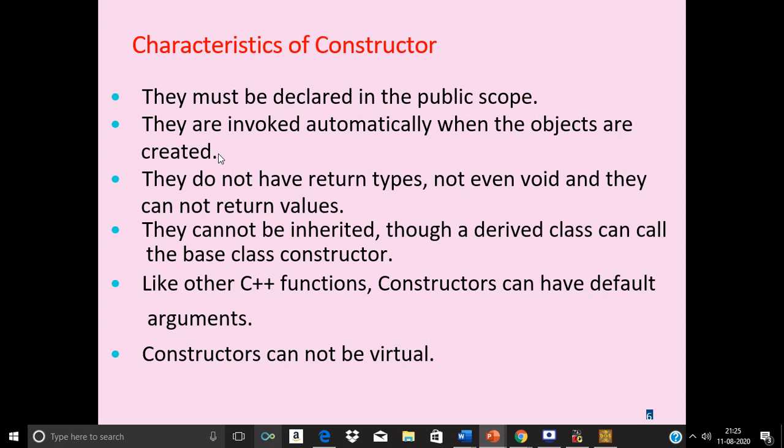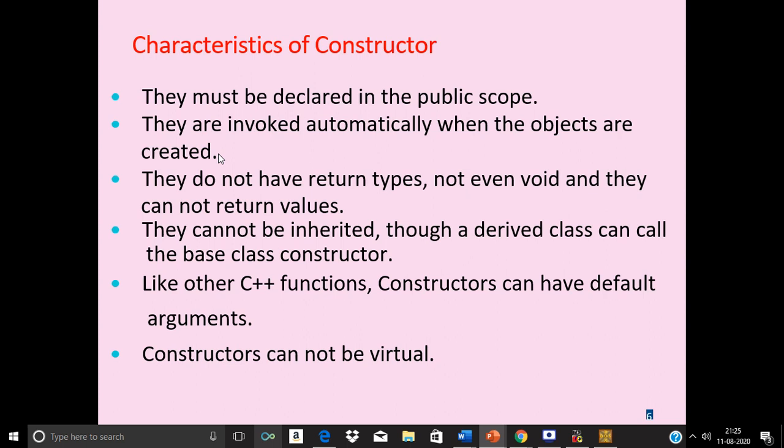So in inheritance, though a derived class can call the base class constructor, it cannot be inherited. That means a copy of the base class constructor is not written into the derived class, but the derived class can call the constructor of the base class.